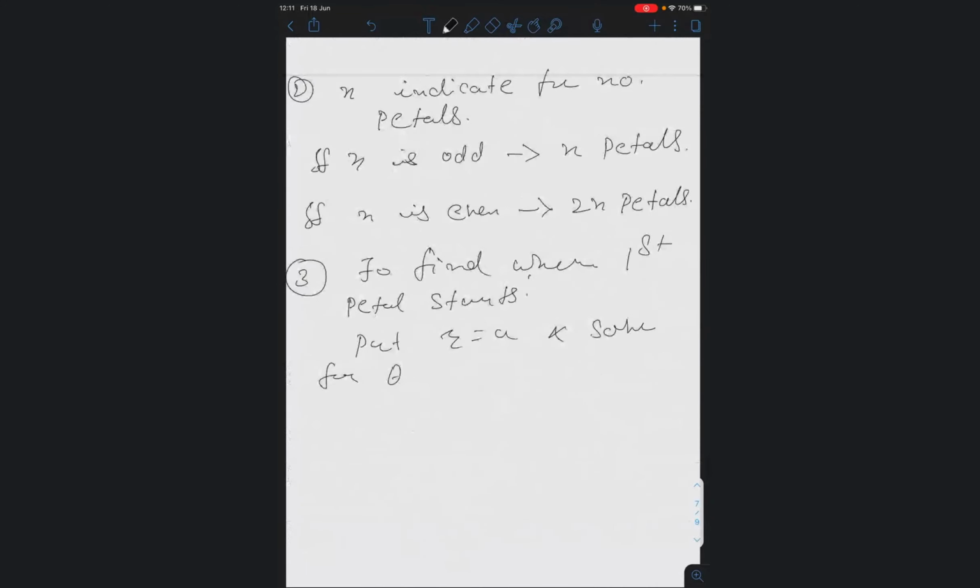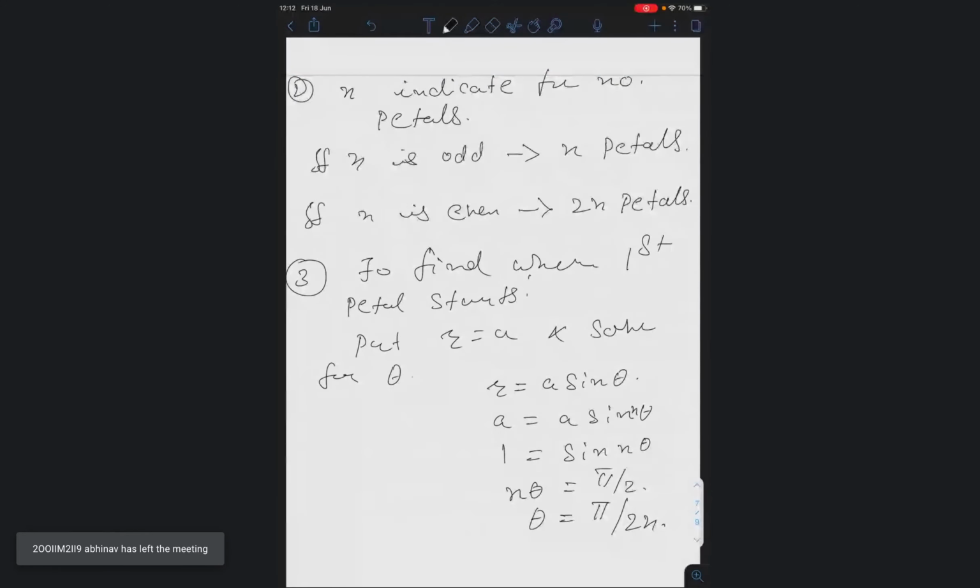So let me take an example of R is equal to A sin n theta itself. Now to check at which angle my first petal starts, I need to substitute R is equal to A. So A is equal to A sin n theta. This means I'm going to get 1 is equal to sin n theta. That means n theta will be equal to pi by 2 minimum. So theta will be equal to pi by 2n. So we can use this formula to find at which angle the first petal starts. Understood?